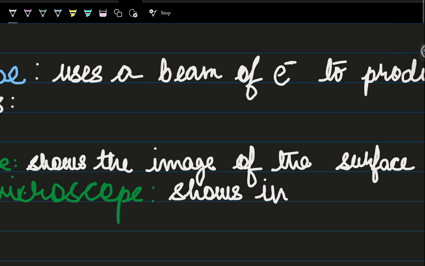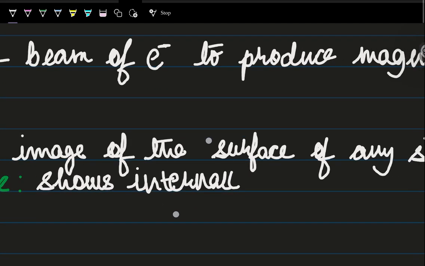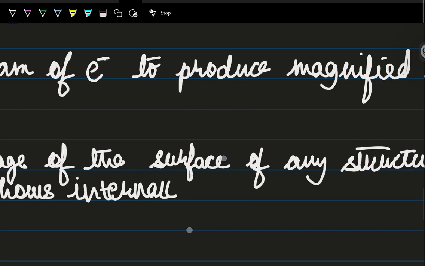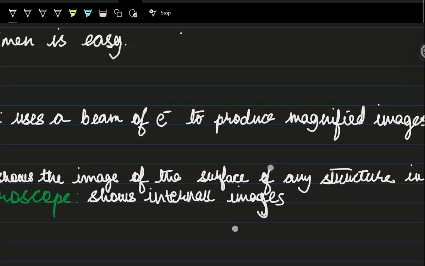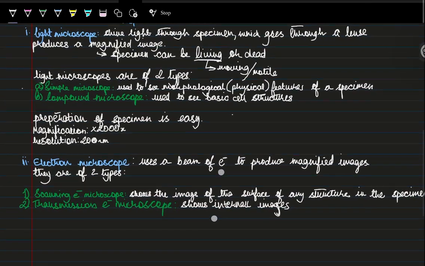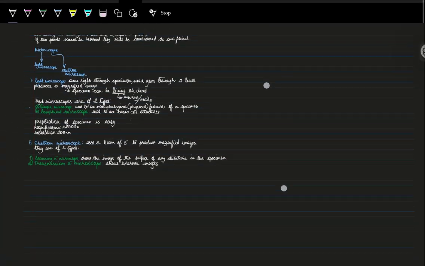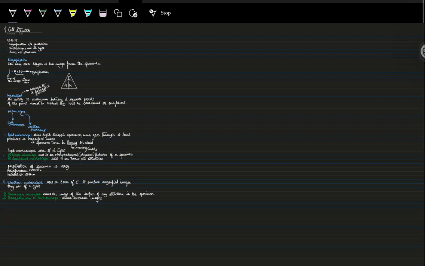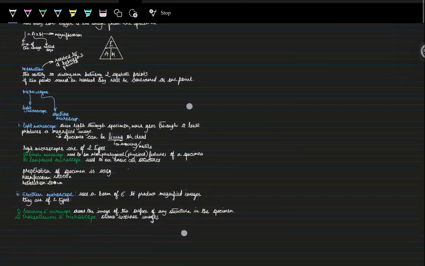Internal images of any organelles. So that's how we know what the structure of many organelles are like. Because of the transmission electron microscope, it has made our jobs a lot easier. So please do write down whatever we've done till now. I have zoomed out. Pause the video if you think that suits you best.